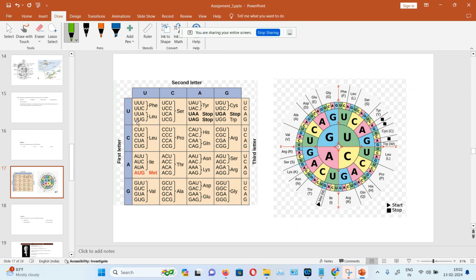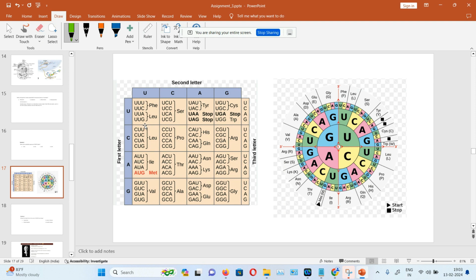You can introduce either UUA or UUG inside your DNA sequence. If you don't want guanine to be present, you can use UUA. That will decrease the guanine content inside your gene.